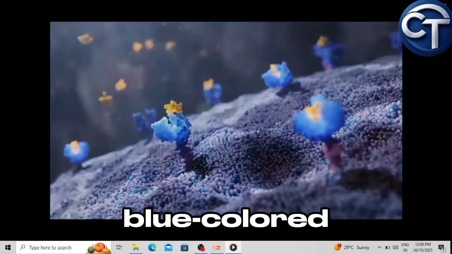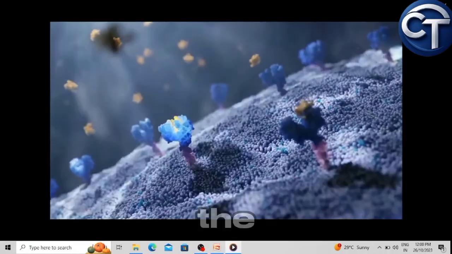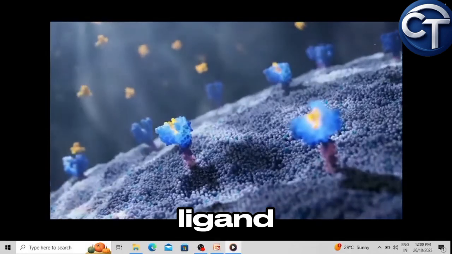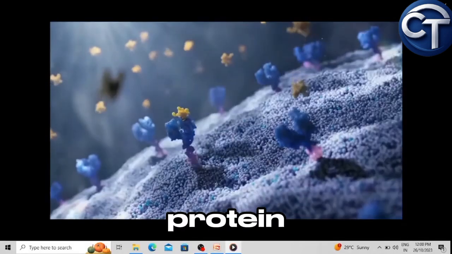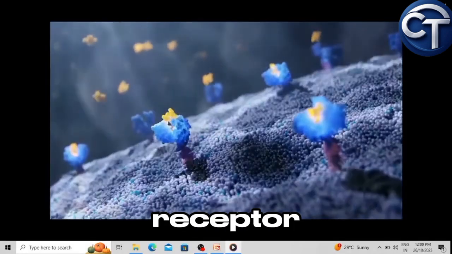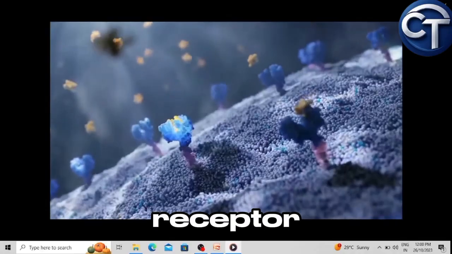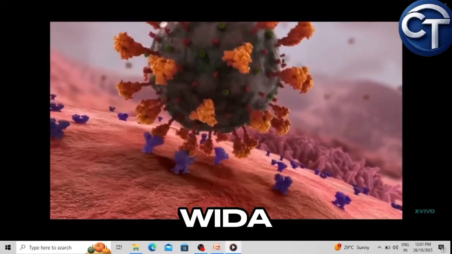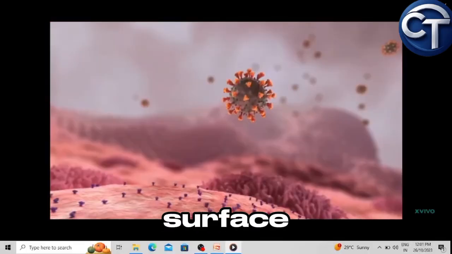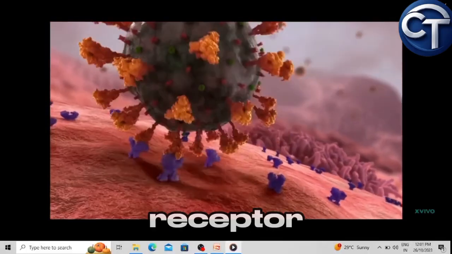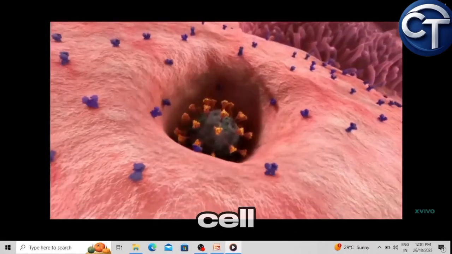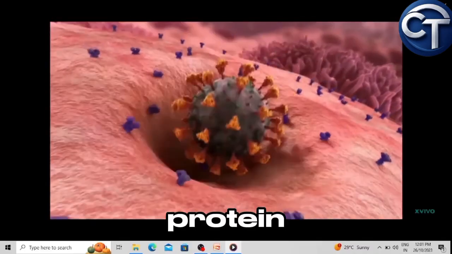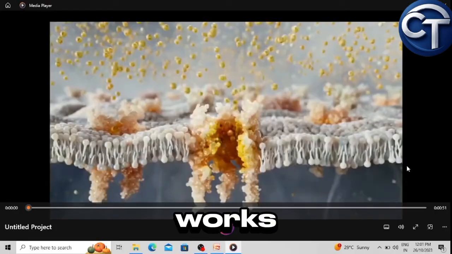This blue color receptor protein is present on the cell surface, as you can see, and this yellow color ligand is binding with the receptor protein, and after formation of the receptor-ligand complex, the receptor becomes activated. And this is the virus, which binds with the help of some receptor protein which are present on the cell surface. So that's how these proteins work.